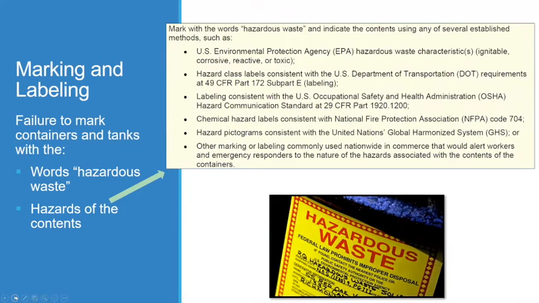There's the EPA hazardous waste characteristics, ignitability, corrosivity, reactivity, or toxicity. There's DOT labeling, there's OSHA, there's NFPA, the GHS stuff, and then other markings or labeling commonly used nationwide in commerce that would alert workers or emergency responders to the nature of the hazards associated with the contents in the container.